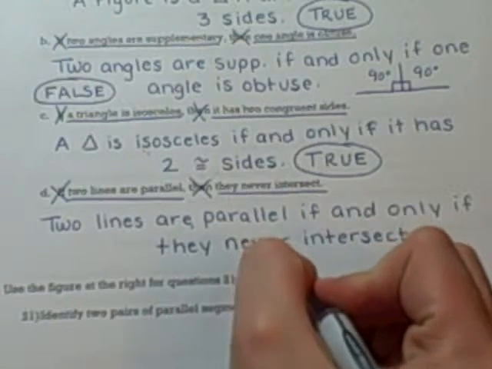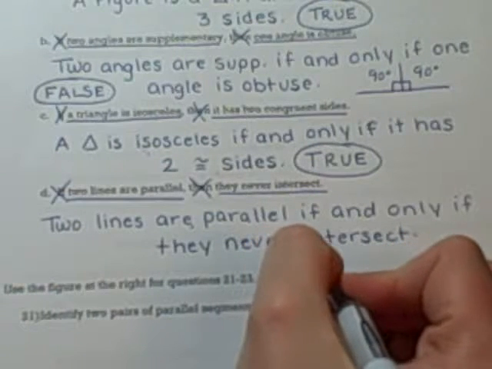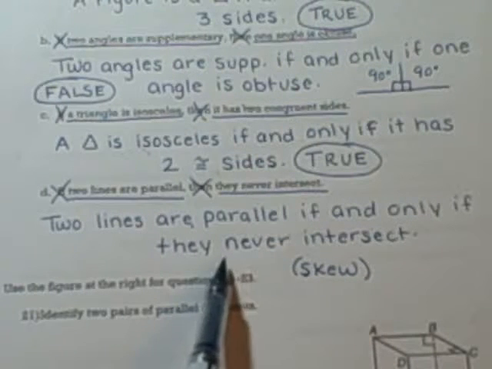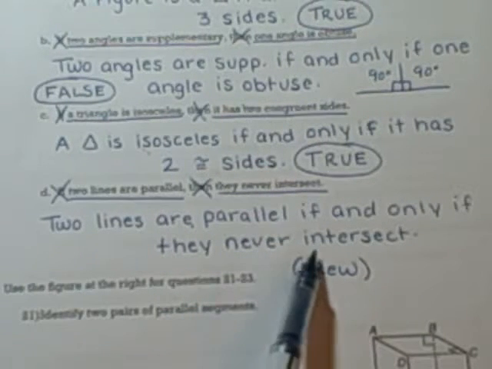Okay? Hopefully this word rings a bell. Skew lines. Skew lines are lines that don't point in the same direction, but because they're in different planes, they're never going to intersect. So it is possible that they would never intersect and not be parallel.